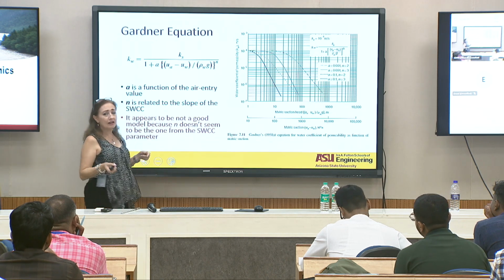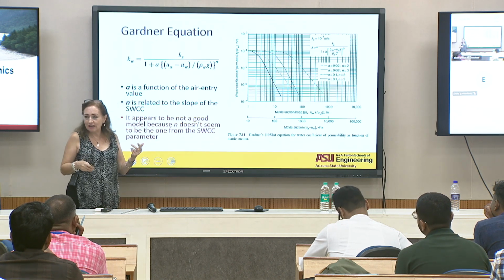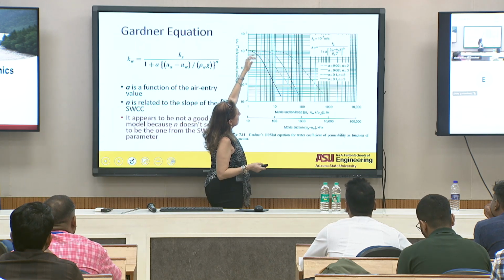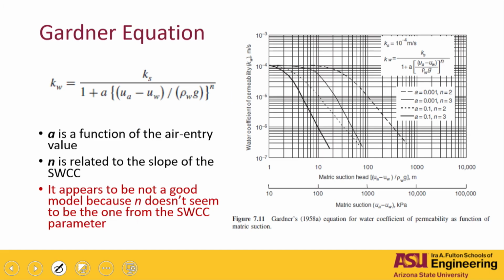The nice thing about Gardner, which I don't like but it was nice at that point, is that it is a function that requires only two parameters. And for those that do modeling, it's easy to not get into infinity or very unstable programs. When you start getting into 3, 4, 5 parameters, that can start making a lot of roots and a lot of problems when you model, right? So this one is an easy one to model.